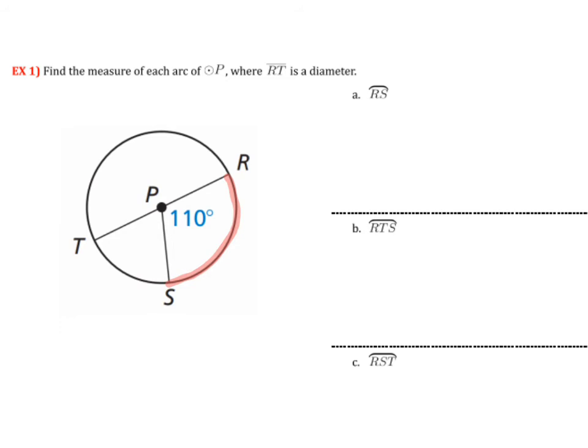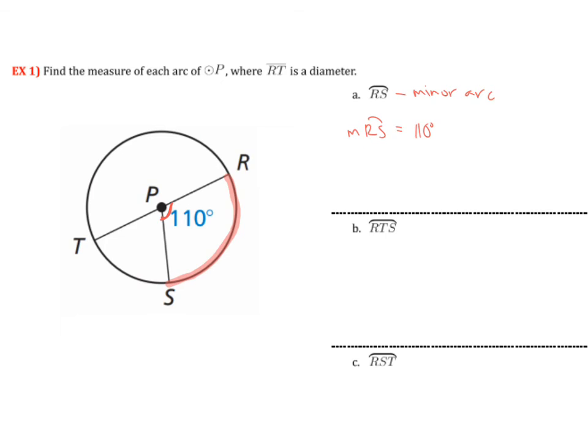Because this is the case, I can determine that arc RS is a minor arc. And because of this, the measure of the minor arc is equal to the central angle. The central angle is here. It's 110 degrees, which means so must the measure of arc RS.